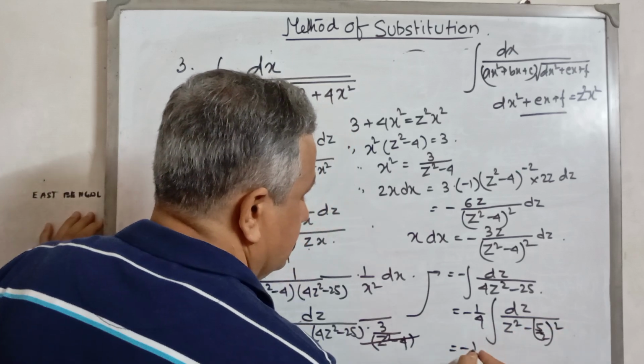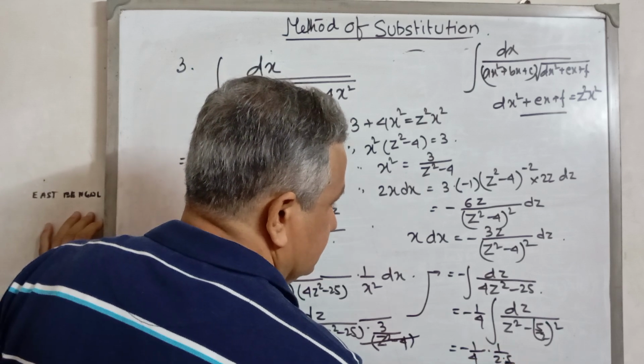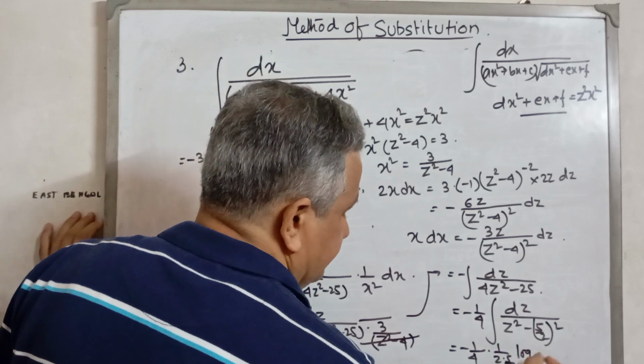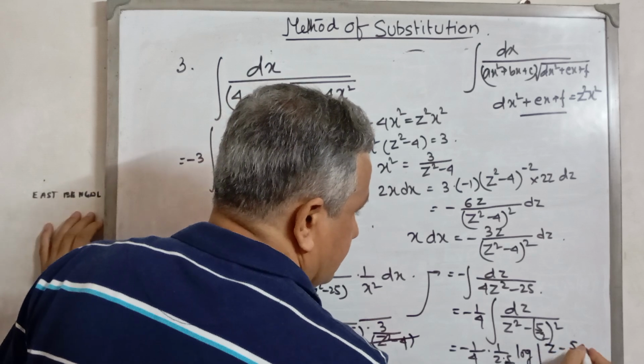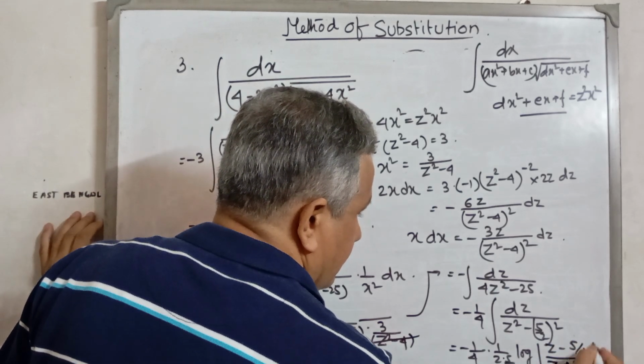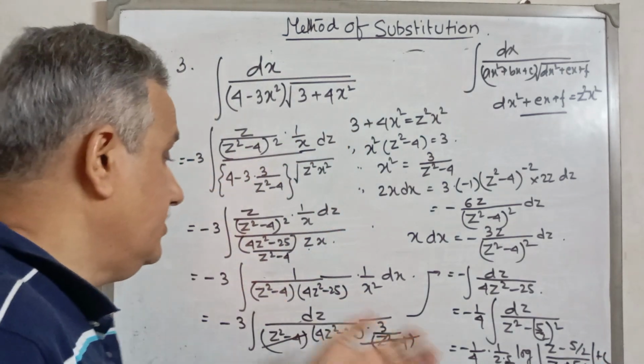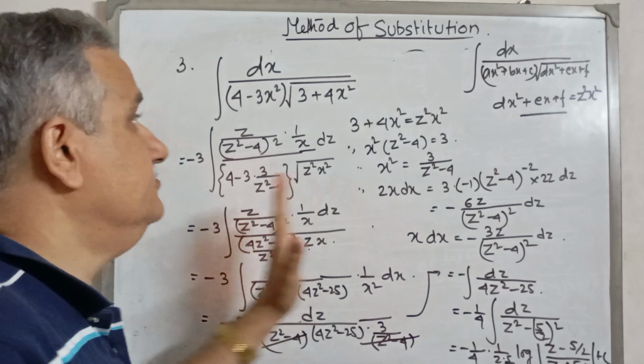So this is 1 by 2a log z minus a by z plus a plus c. That is our answer. Now we have to replace z.